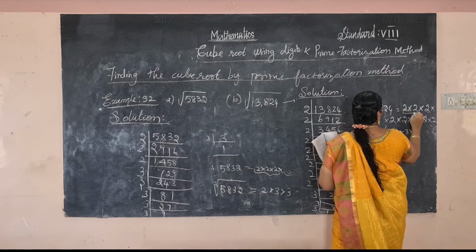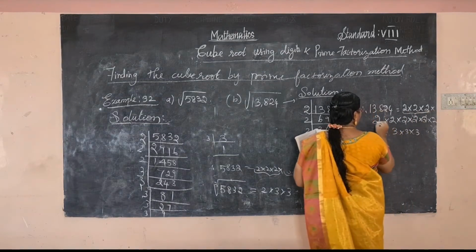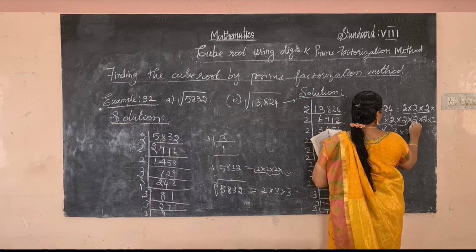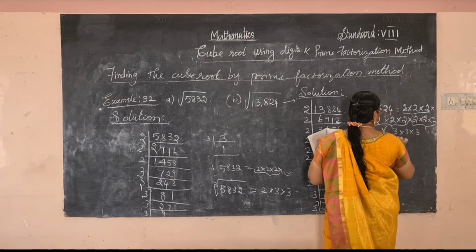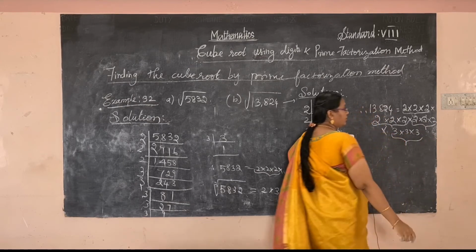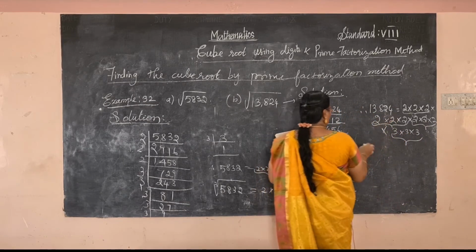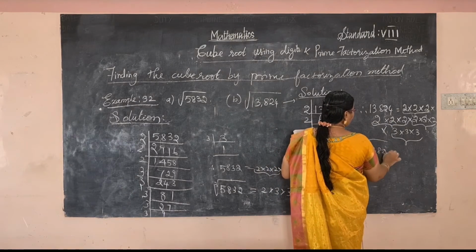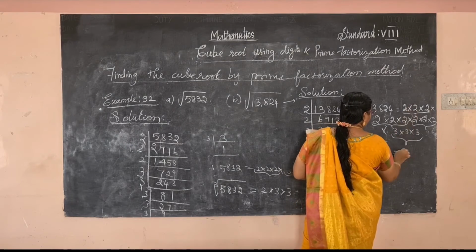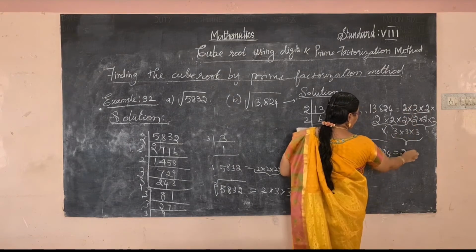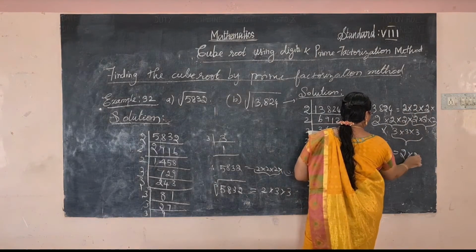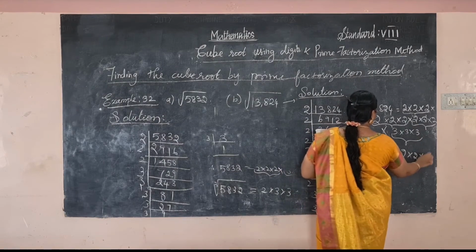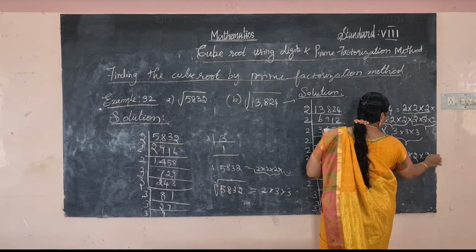So we have to divide into triplets of the factors. Okay, so first one, the cube root of 13,824 is equal to 2 from this group, next 2 from the next group, another 2, and finally 3.